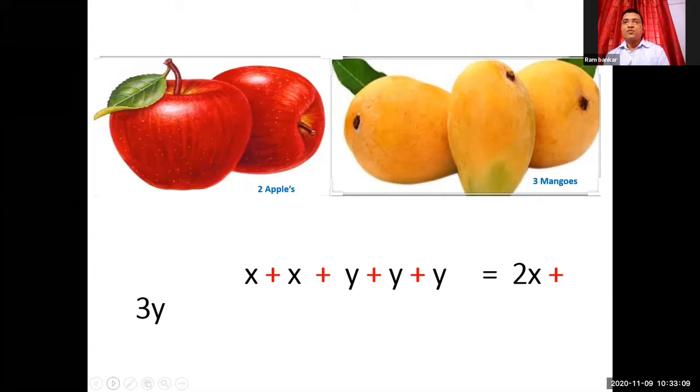Instead of 2 apples, we have written 2x. 2x plus 3y, this is called the algebraic expression. Instead of things, we have written the alphabets. What we call the alphabet in mathematical language, we will see from the next slide.